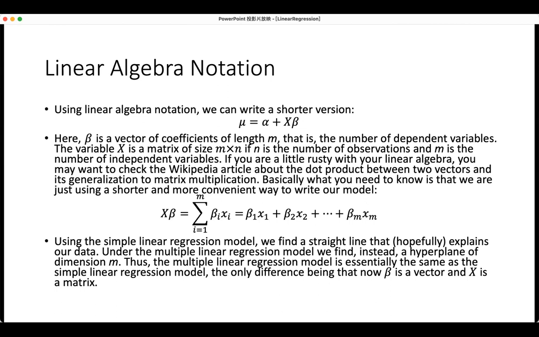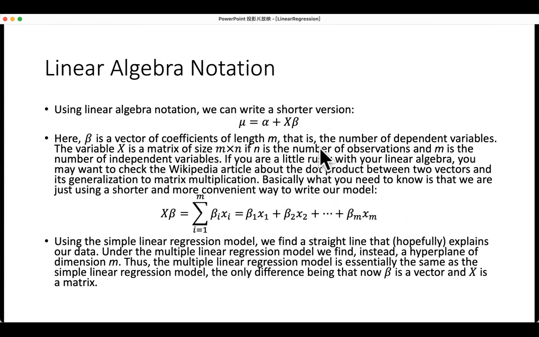If we have only one dependent variable, then x beta will look just like this: beta 1 x1 plus beta 2 x2 plus and so on, plus beta m xm.